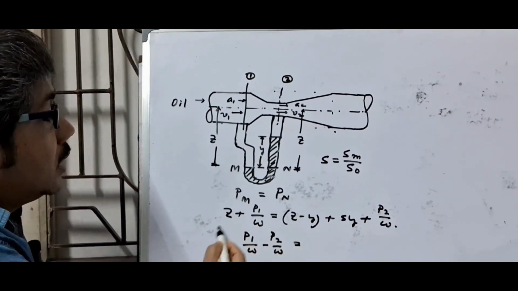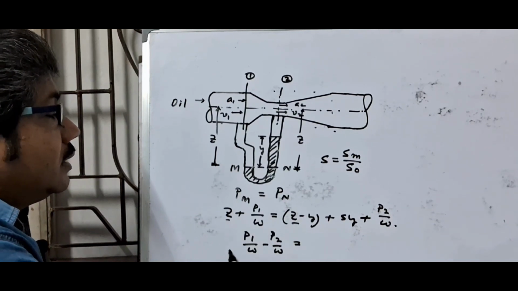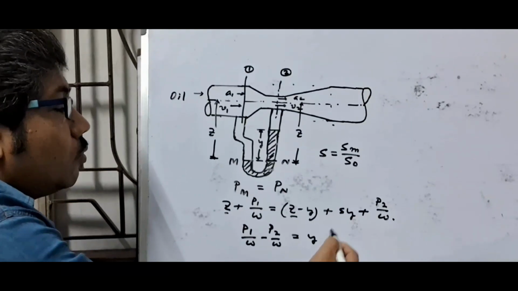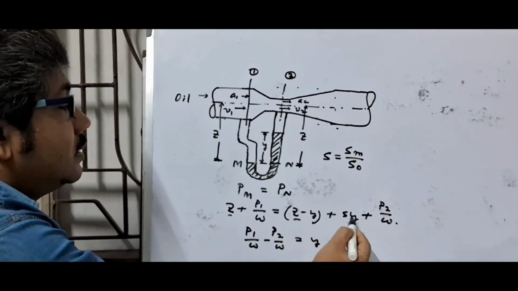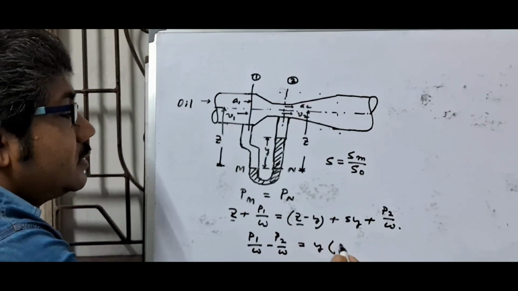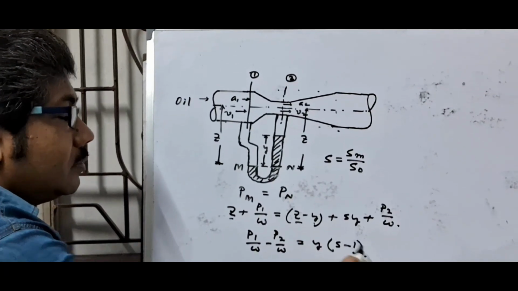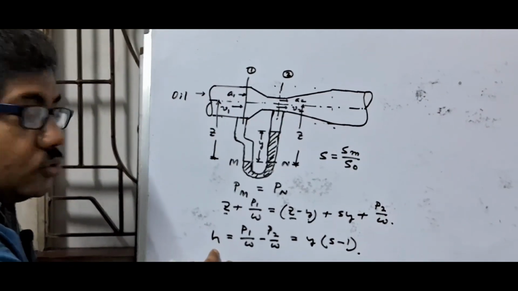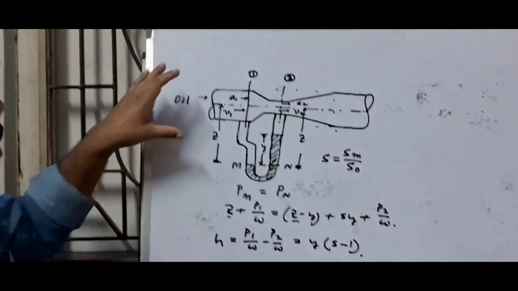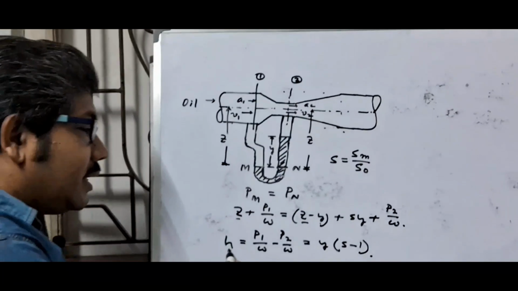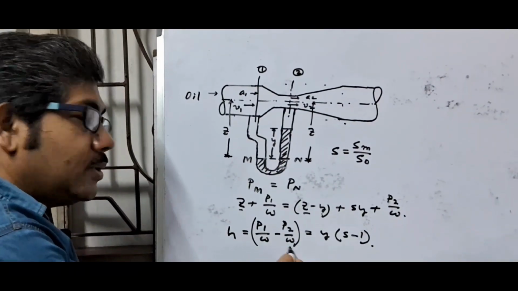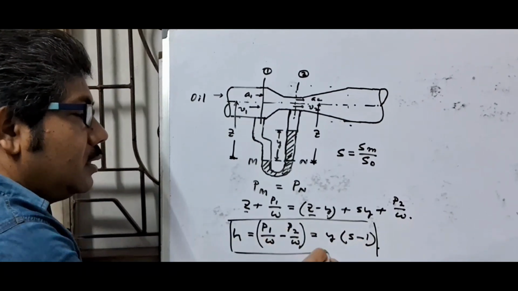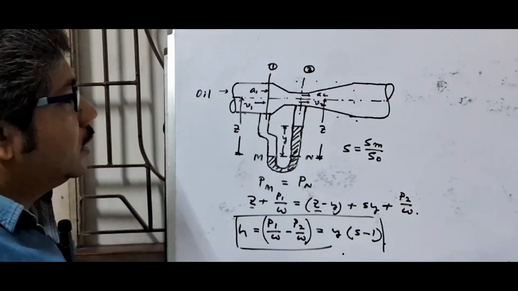So this is equal to, here Z and Z cancel, and if you take Y common, this is Y into S minus 1, and this is actually Venturi head. So for horizontal Venturimeter, Venturi head H equals P1 by omega minus P2 by omega, or Y into S minus 1. You remember.